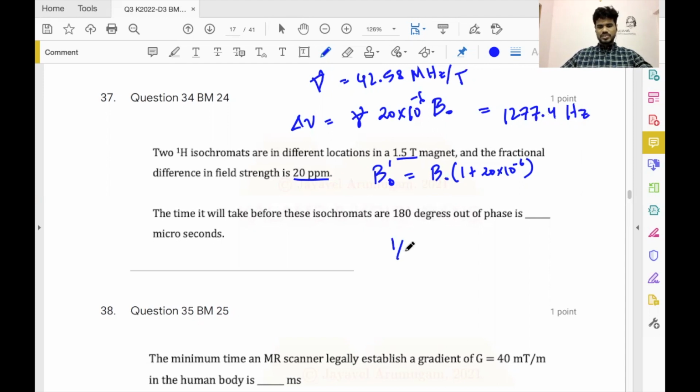So half a revolution, 180 degrees is half a revolution. This by 1277.4. Right? Yes, sir. In 1 second we have these many cycles. Half a cycle will take half by this, and that answer is 391 microseconds. Great. Thank you.